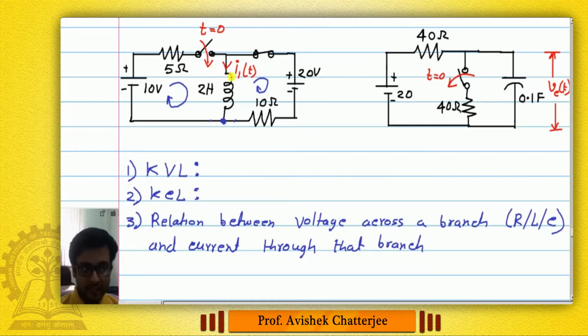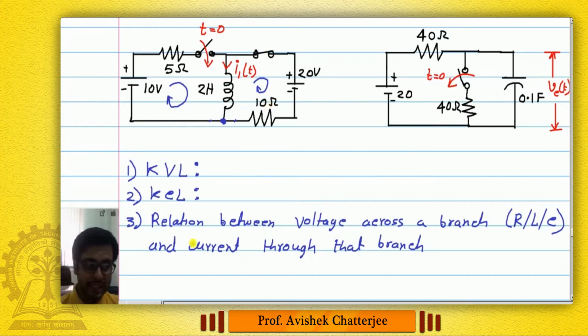Now these voltages and currents in a circuit are all functions of time in general. You can write these relations, KCL, KVL or this branch relation among different voltages and currents in a circuit, which are all functions of time.